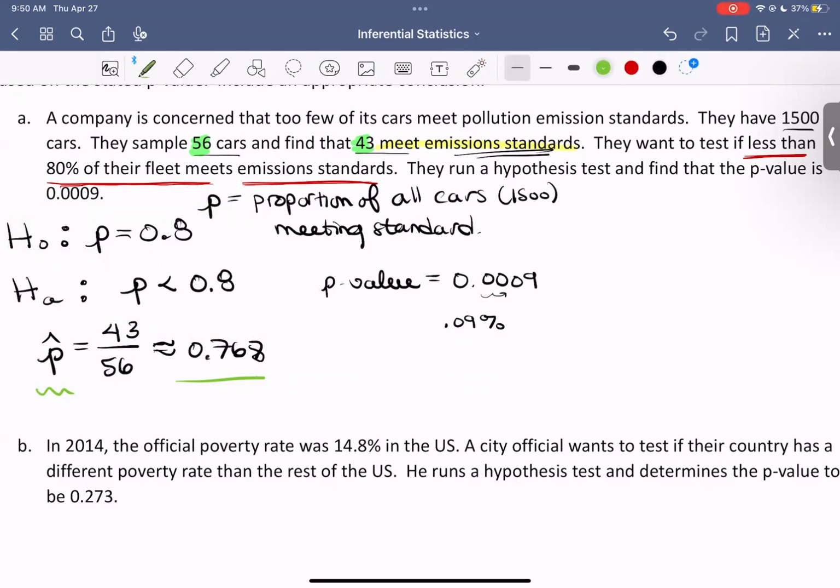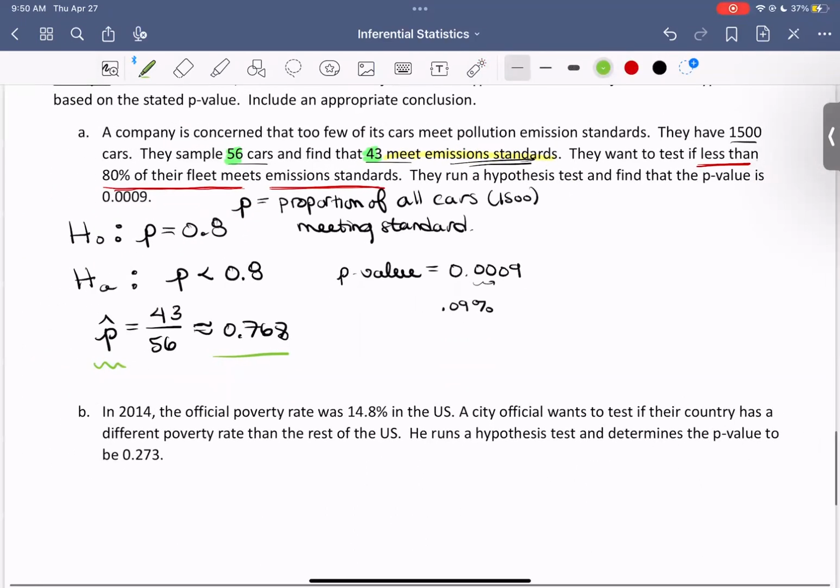And so we can decide that we want to use alpha equal to 5%. So let's use alpha equal to 0.05. We can compare our p-value with alpha. How does 0.0009 compare with 0.05?